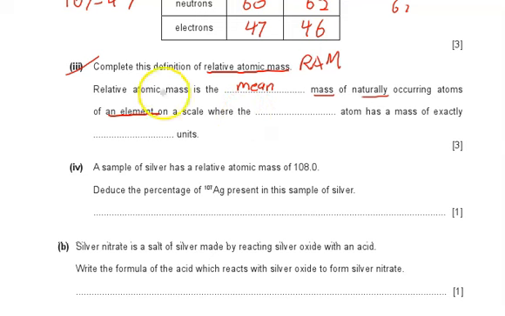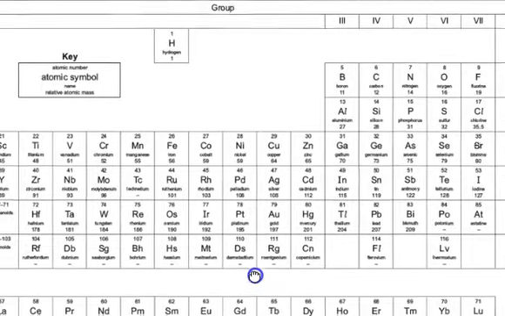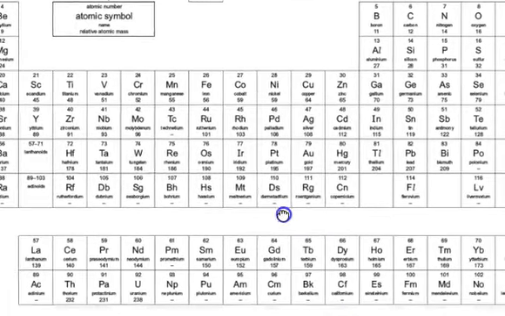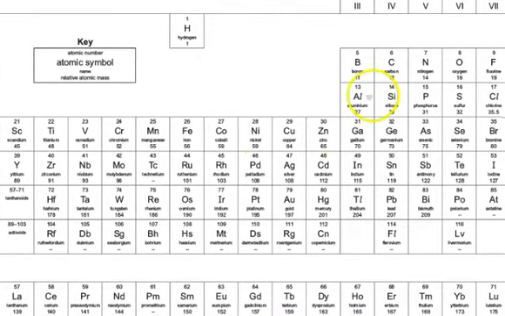Please remember that in our periodic table, all the elements are compared, on average, with the element carbon. Why do they make carbon the reference point? Because it is abundant.